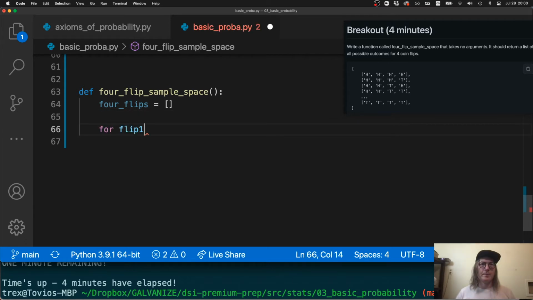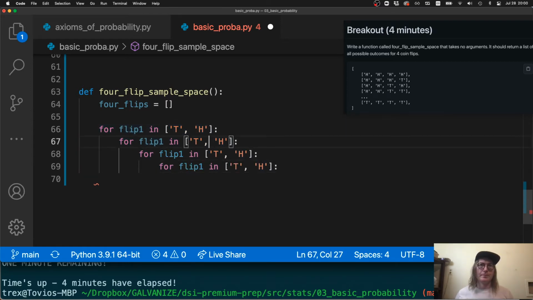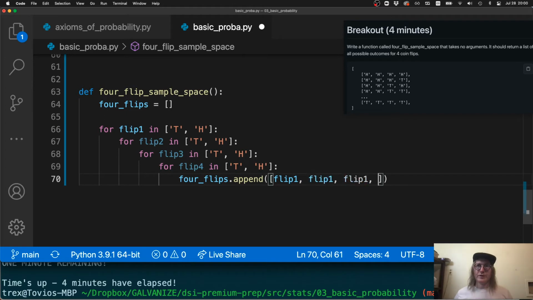So for flip 1 in heads, tails, I actually like doing this the other way, tails, heads. And we're just going to do this 4 times: 2, 3, 4. We can say four_flips.append, and we're going to append a list that is flip 1, flip 2, flip 3, flip 4.